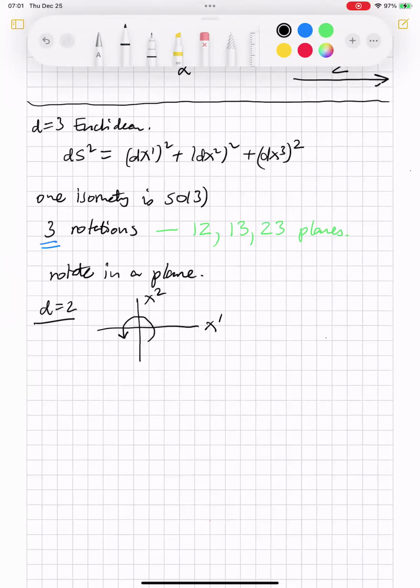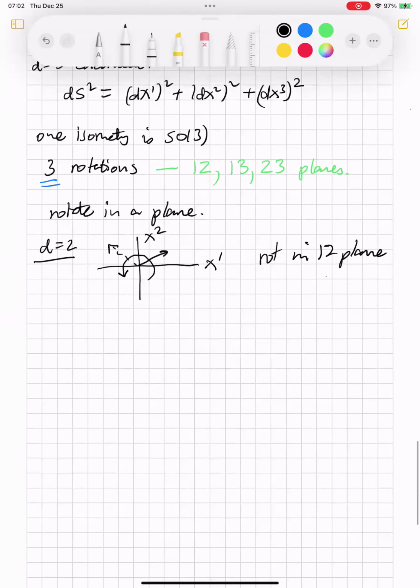If I had some vector here and did some rotation, it would be transported to there. I can't think of this as a rotation about any axis. There are 2 axes in the space, the 1 axis and the 2 axis, and this is not a rotation about the 1 axis or the 2 axis, but it is a rotation in the 1, 2 plane.